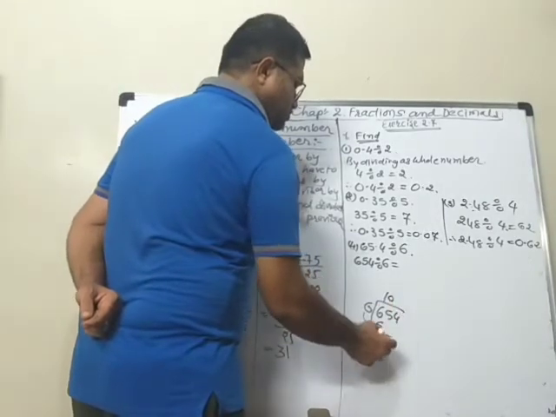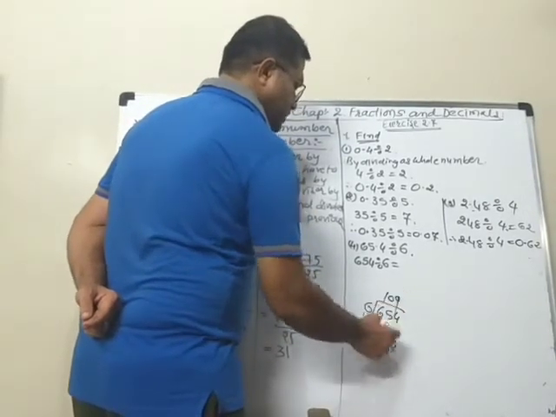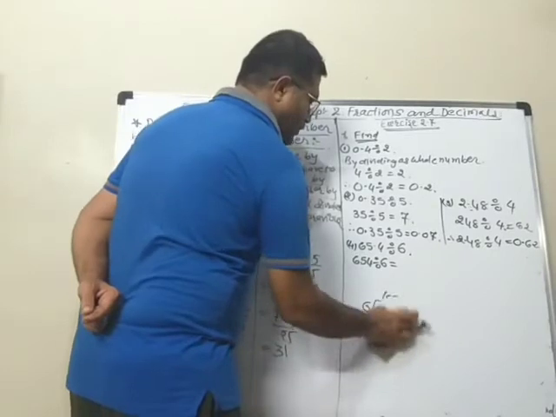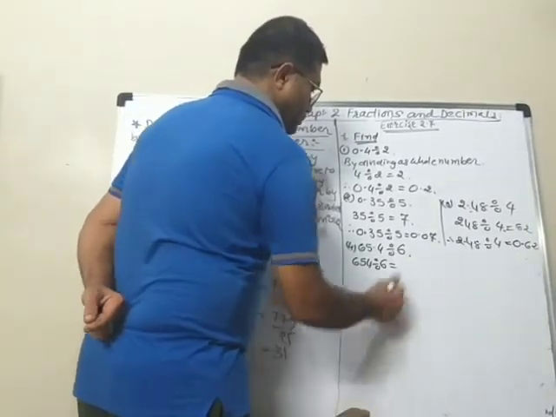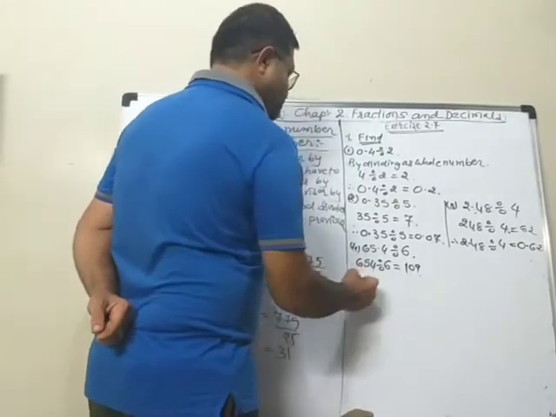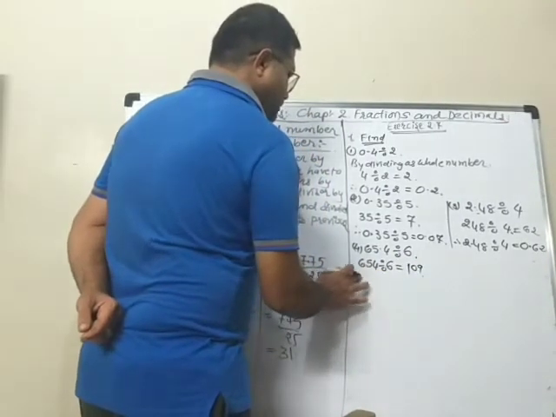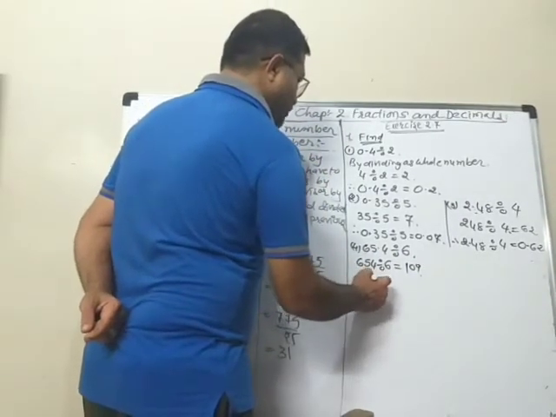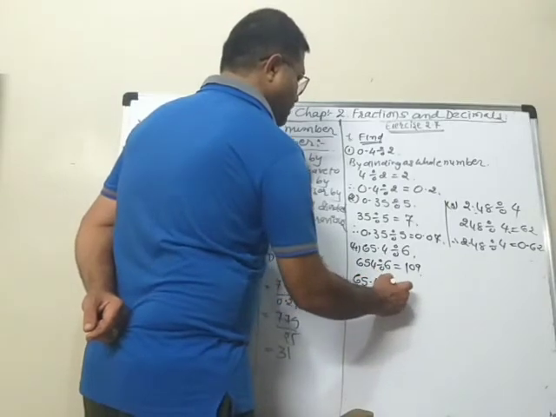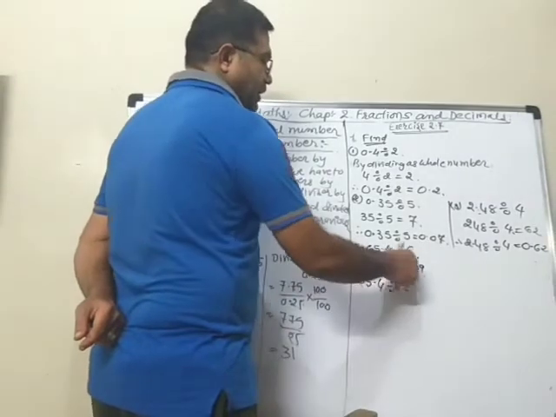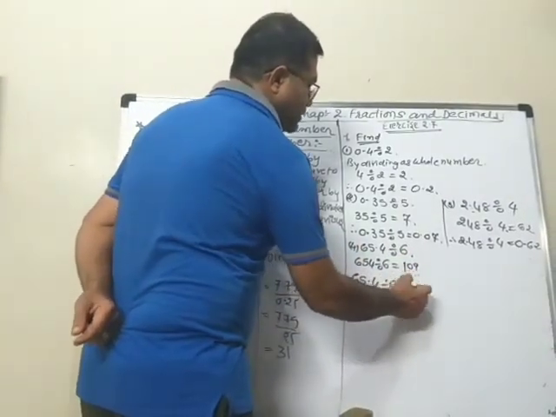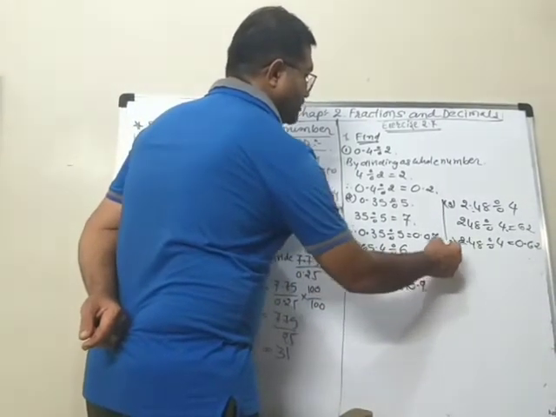Cannot do the division, so 0. 6 nines are 54. So the answer is 109. Now to put the decimal place. Therefore 65.4, there is only one decimal place after the point, and therefore in the answer also it will be 10.9.